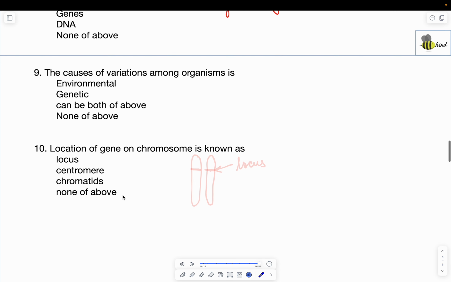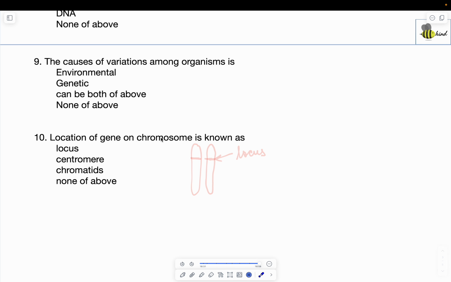Next question is, location of a gene on chromosome is known as, if you draw a chromosome, I am drawing the homologous chromosomes. This place where the pair of genes or alternative forms of genes, you can call alleles, are present, this location is known as locus.